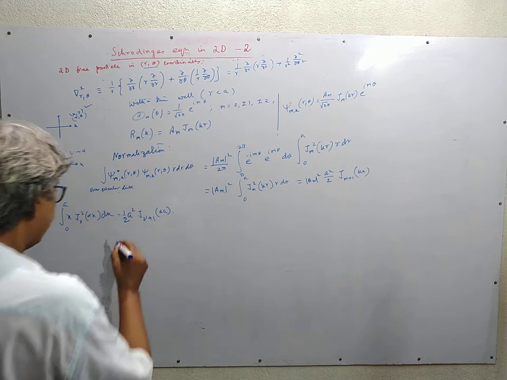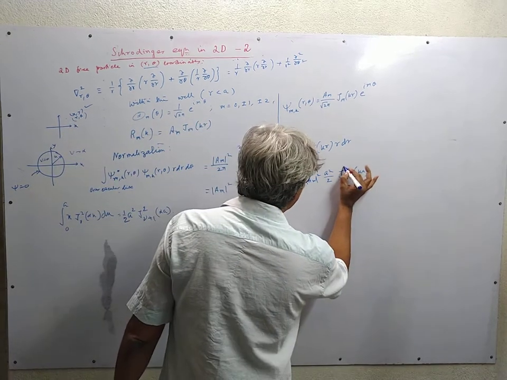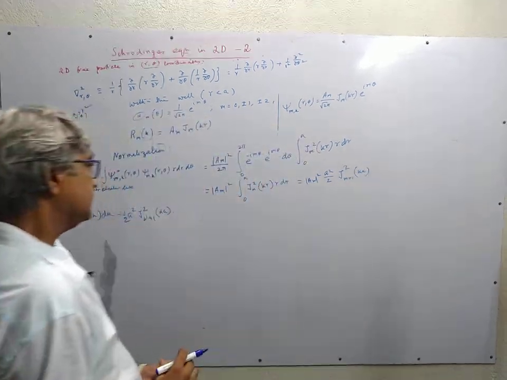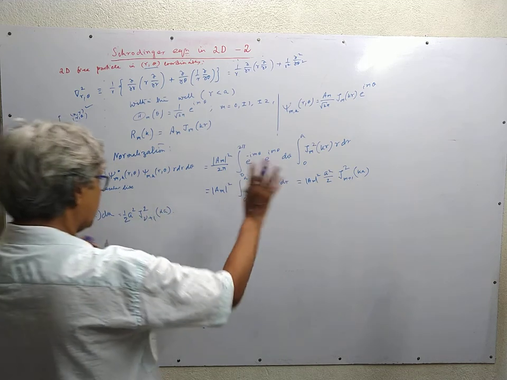So this is the square. This is the normalization constant.